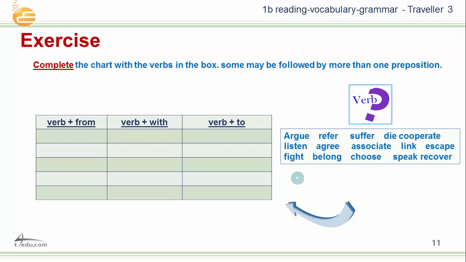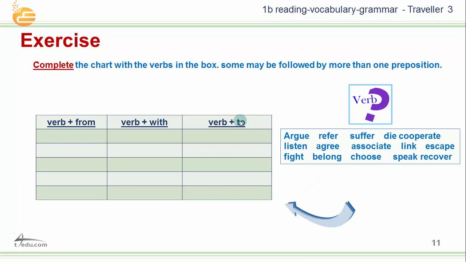Now let's take all these verbs and try to link them to the prepositions here. The first column is the preposition from. So which verbs here go with the preposition from, and which verbs go with the preposition with, and finally the rest will go with the preposition to.